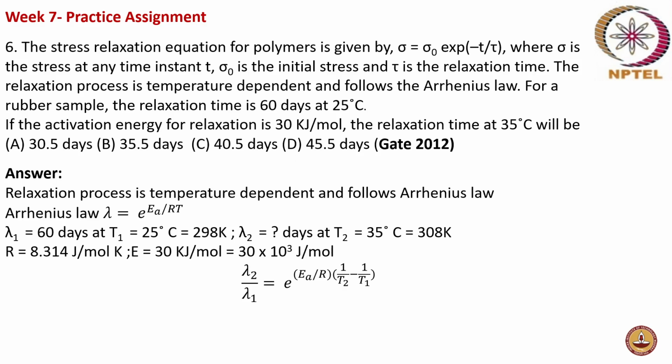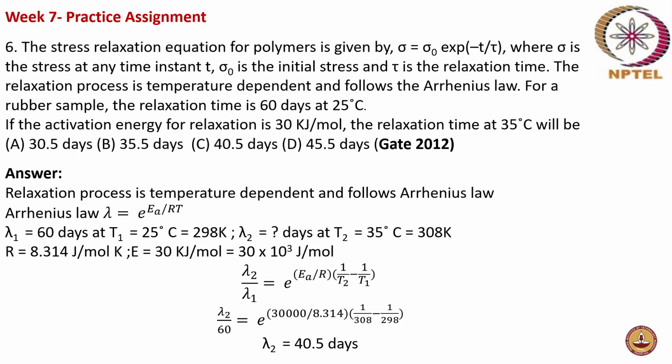So you will end up with this relation. Once you substitute all the values, lambda 2 by 60 is equal to exponential of 30,000 by 8.314 into 1 by 308 minus 1 by 298. So you will end up with lambda 2 as 40.5 days.